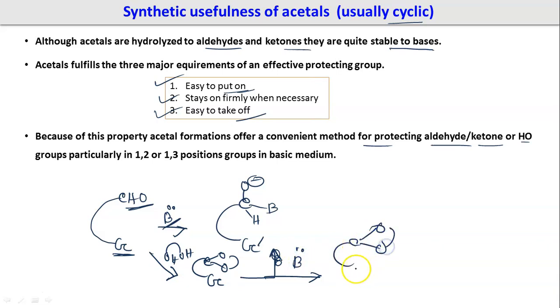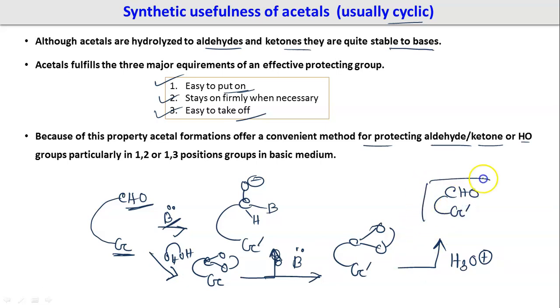Now this is acetal, G will be converted to G prime, and further we will deprotect it by using aqueous acid, that is H3O plus. So now we will get back G prime. So this is actually our desired product that we want to make. So in this way we can protect and we can deprotect.